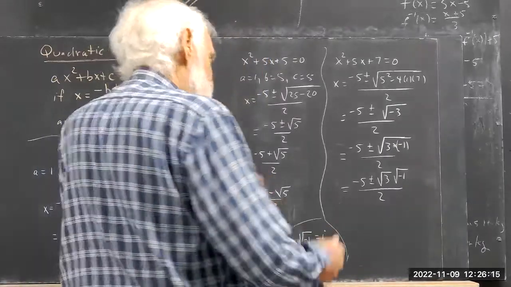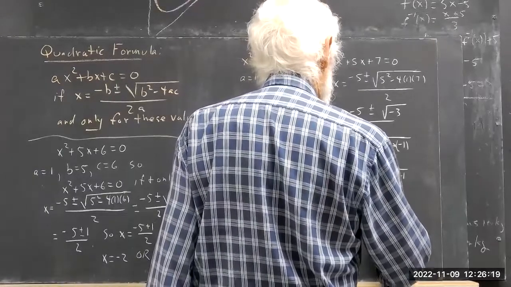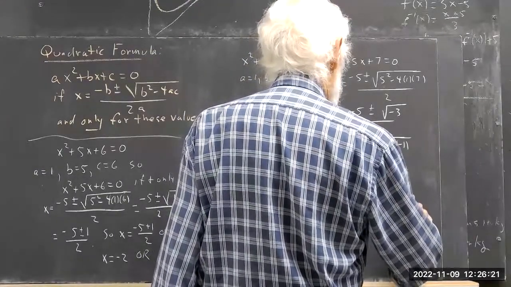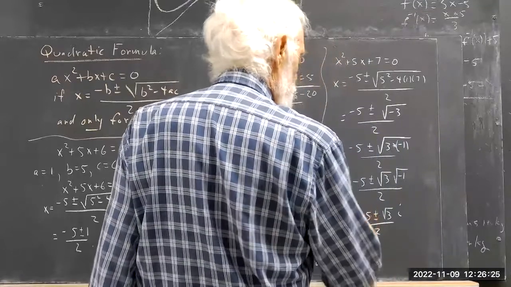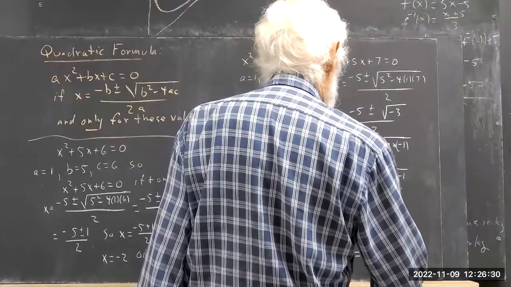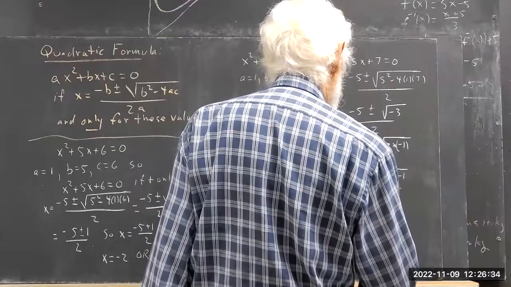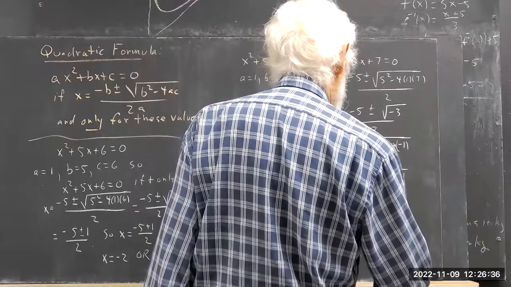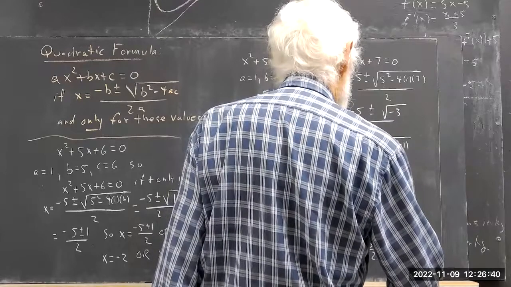Okay. So anyhow, we write that as -5 plus or minus the square root of 3 times i, over 2. And of course, we could then use the distributive law and write that as -5 halves plus or minus the square root of 3 over 2 times i.